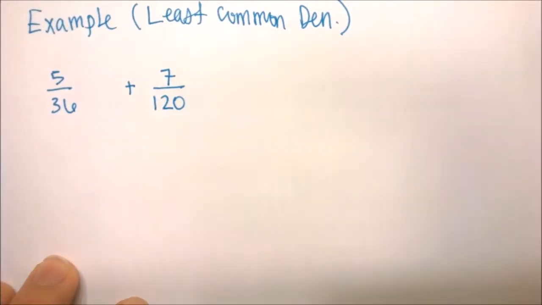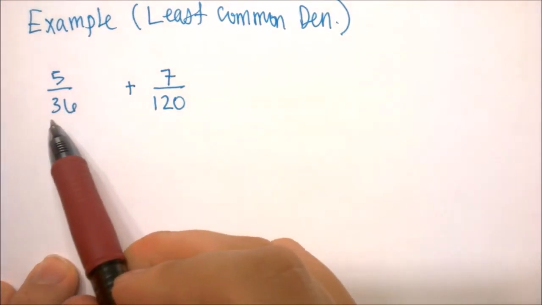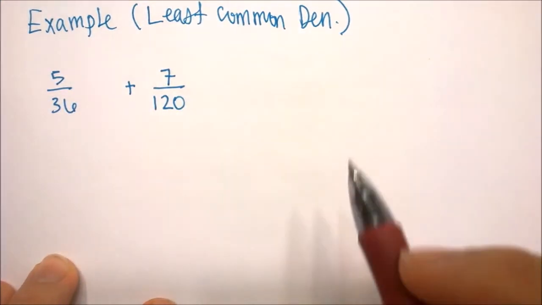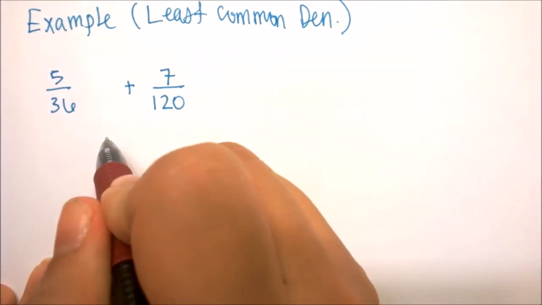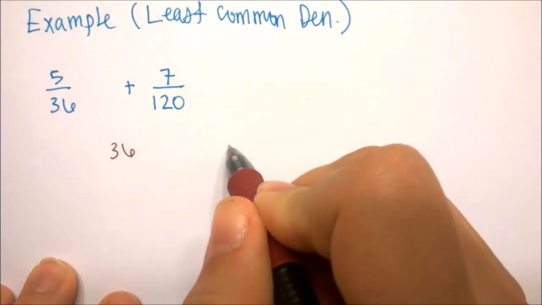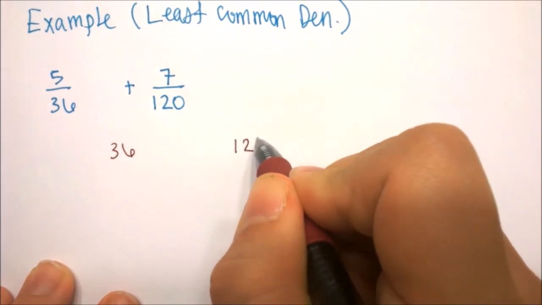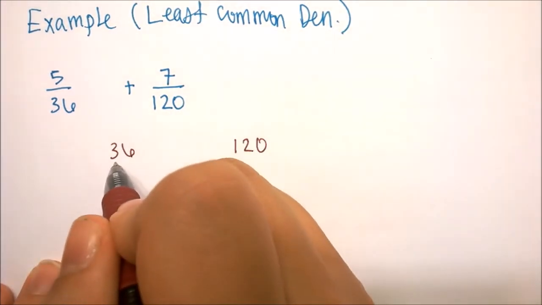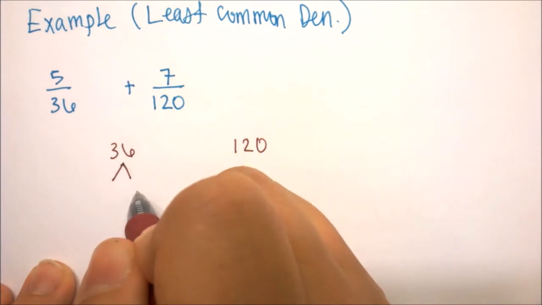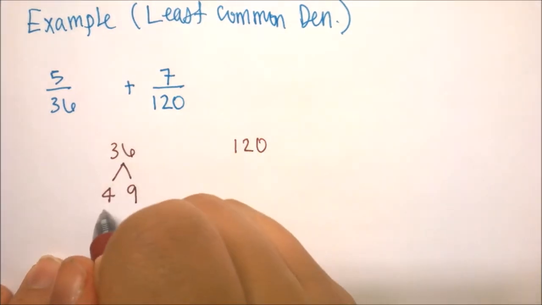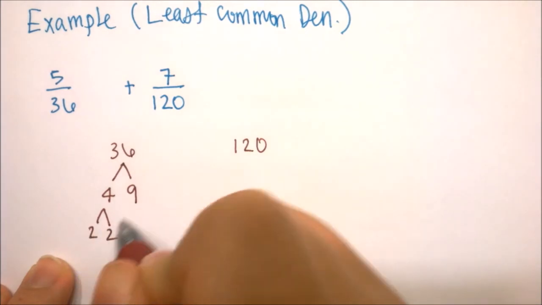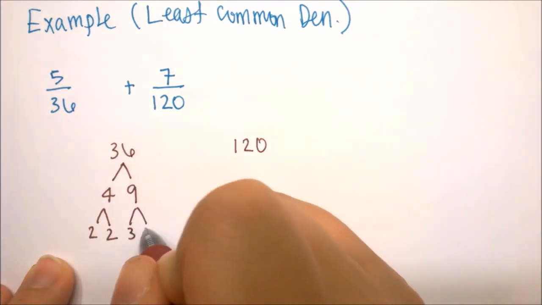So the way we're going to find our least common denominator, the least number that these have in common, is we're going to use a factor tree. So if we have 36 here and 120 here, let's break these up into factors. 36 is 4 times 9, and 4 is 2 times 2, and 9 is 3 times 3.